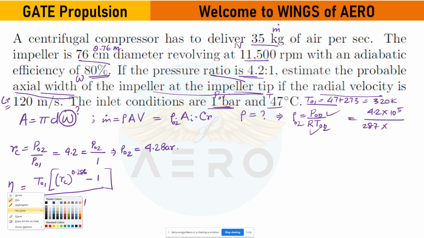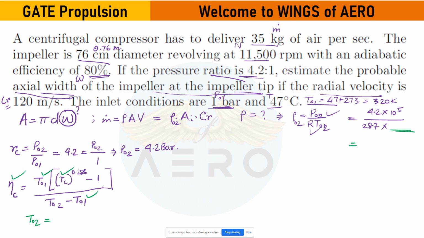Here I know T01, RC is known, so I can find T02. Applying that value over here, I will get my rho value. Substitute the m dot value, 35, the rho value, and pi into d, where d is 0.76. Find out and tell me the answer.